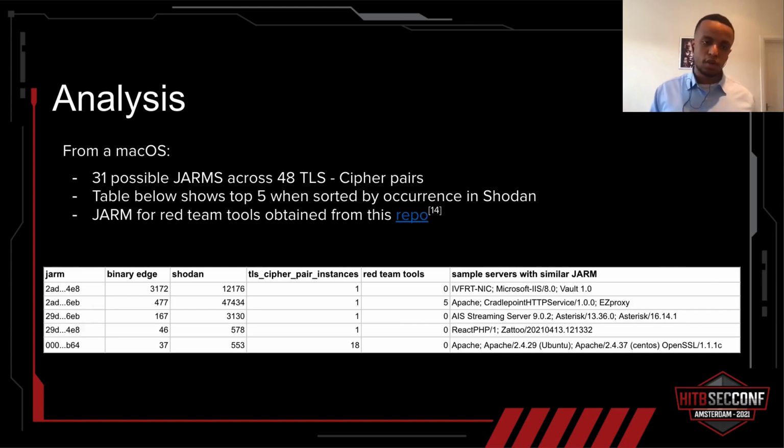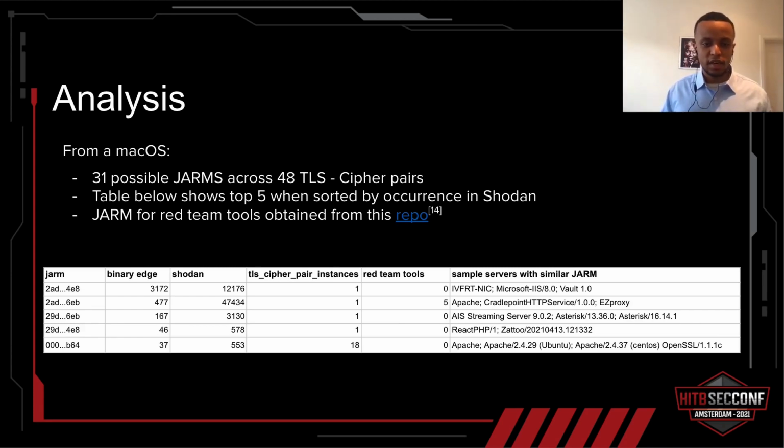The important things to note here are that 2 TLS and cipher pairs can generate the same JARM. As you can see, for the 5th entry, 18 TLS cipher pair instances actually generated the same JARM fingerprint. While it might not be completely obvious here, because this is showing the top 5, if you saw that complete list, there is a skew towards Python products.